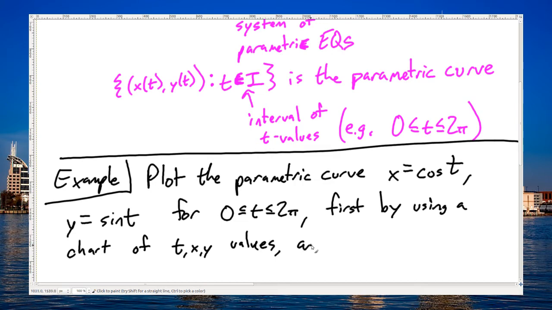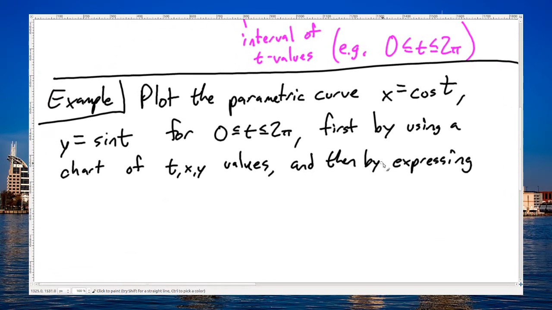And then we'll do it by expressing the curve as an equation, not a function, but an equation of x and y.